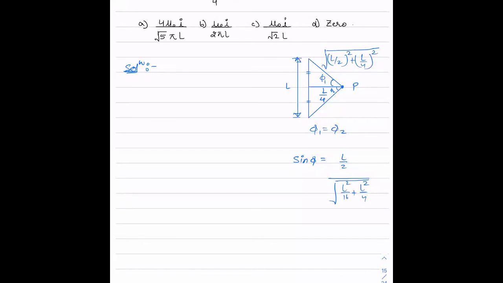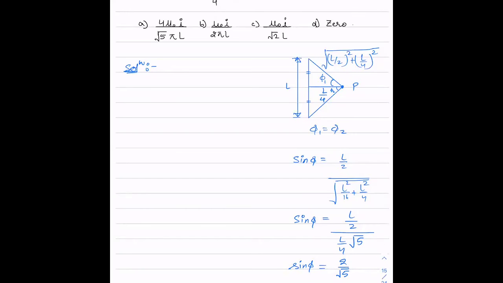Solving, I get 5 L square by 16 under the root, so taking L by 4 outside and root 5 inside, I get 2 by root 5. So the sine phi value becomes 2 divided by root 5.